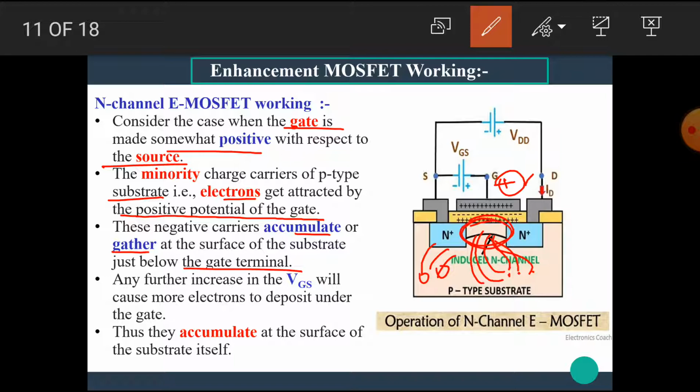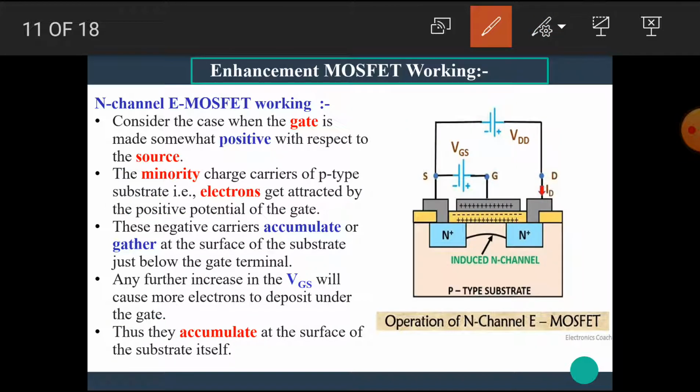Here they gather. Any further increase in VGS, that means if we increase the positive potential of the gate further, it will cause more electrons to deposit under the gate. Thus, they accumulate at the surface of the substrate itself. That means if we apply a more positive voltage to the gate terminal, then the negative electrons, the minority carriers, are attracted by this positive gate supply.